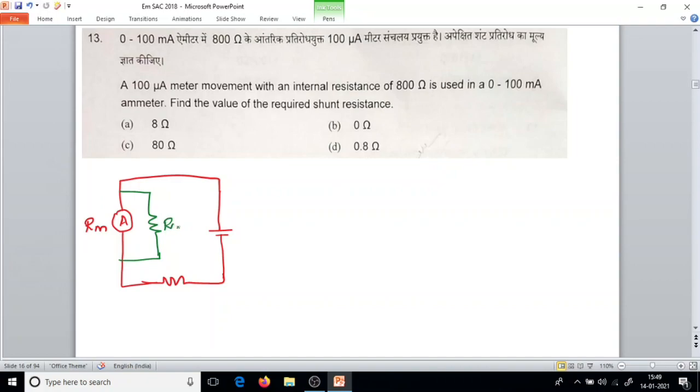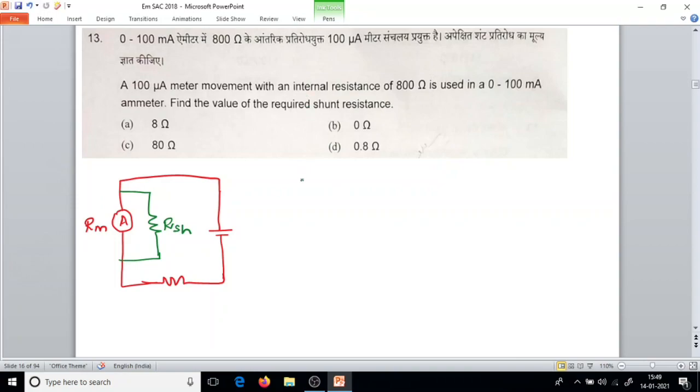RSH, this is the shunt resistance. If you observe, the voltage between these 2 points is across the meter resistance Rm and the shunt resistance, which are in parallel, so the voltage across them is the same.